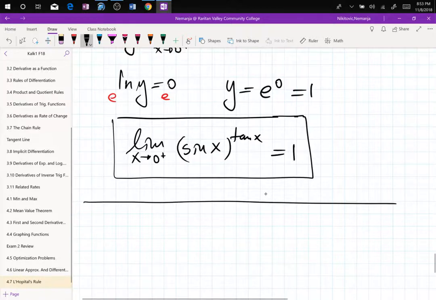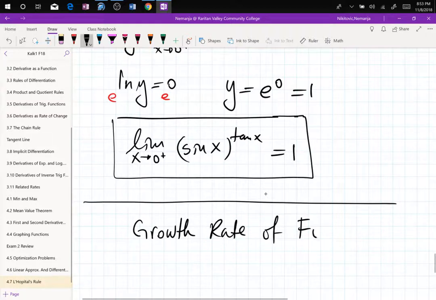The last 2 pages have this, and this will be expanded on in Calculus 2 when you do sequences and series. They will add factorials and some other things. We're talking about the growth rate of functions for 2 minutes, and that's it.